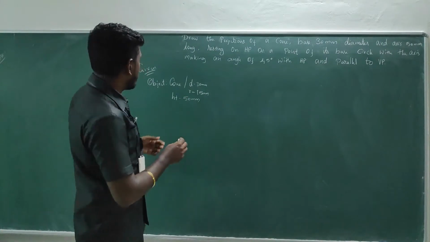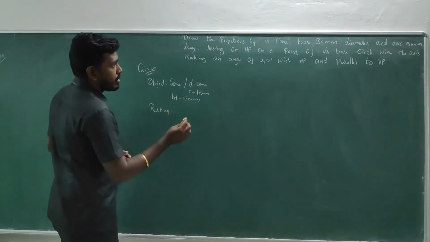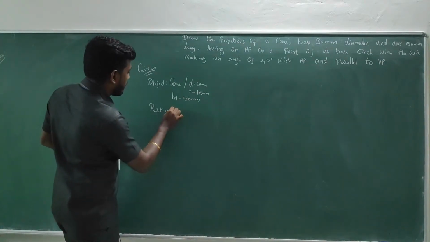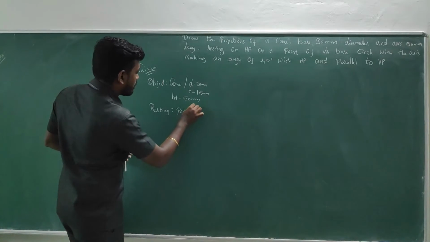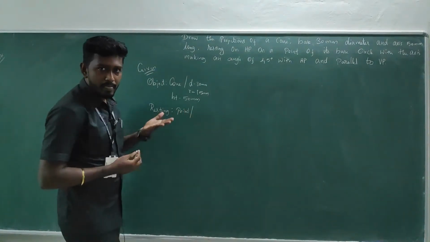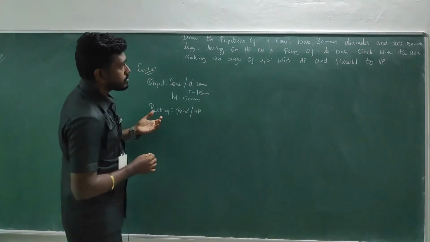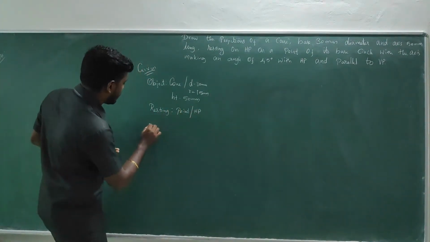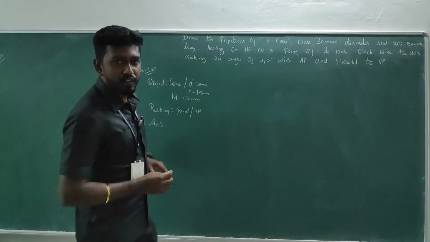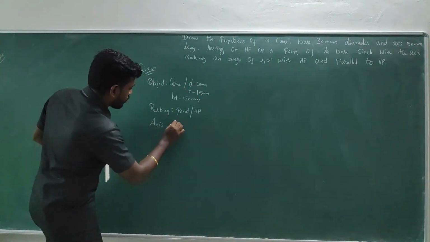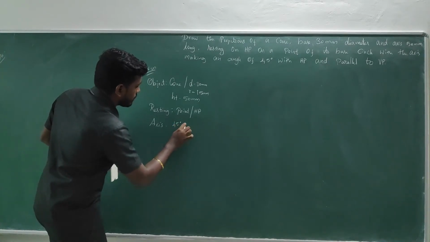Resting on HP with one of the points of the base circle on HP, and the axis is making an inclination of 45 degrees with HP. 45 degrees with what?